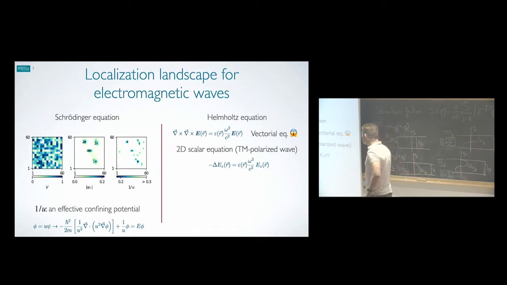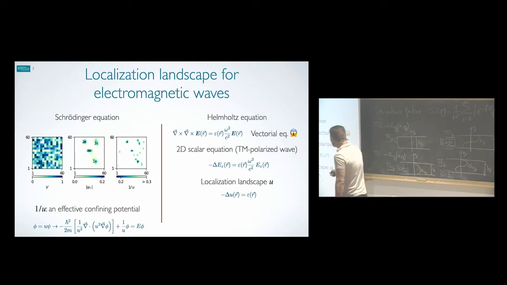And in this case, I could also write it invoking a Hermitian operator, but I maintain the usual way to write it. And in this case, the definition of the localization landscape is slightly different. It's not the operator applied to u equal 1, but equal epsilon of R, the variable permittivity.